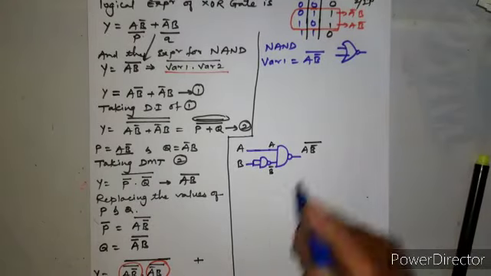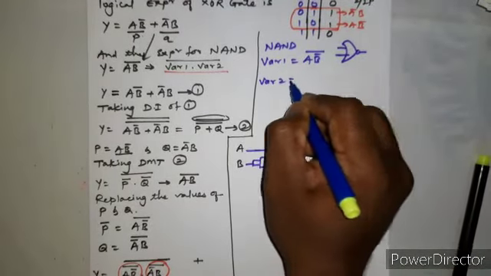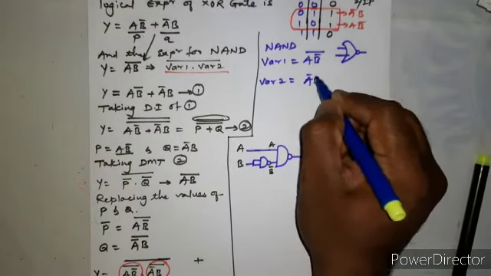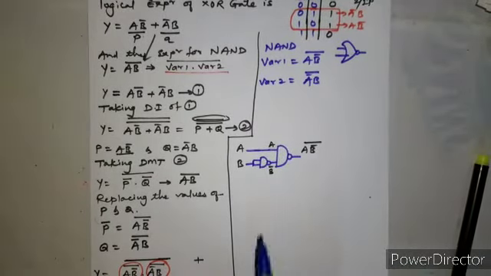okay. Then variable 2 is A bar B whole bar, right?